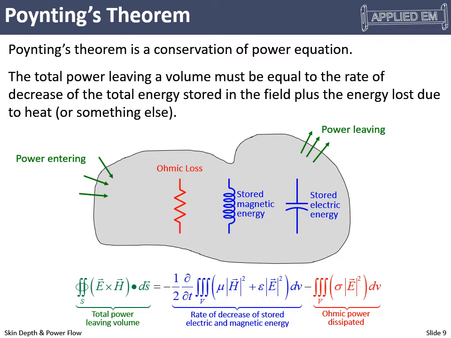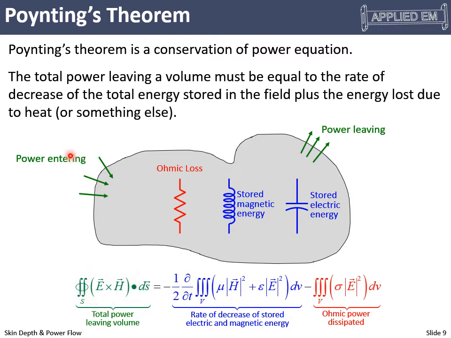So all of that comes from this equation, and it's not derived with knowledge of Poynting vectors or energy density or all that. In fact, this equation is derived first, and we get all that from this equation. So when we arrange it, on the left, we see E cross H, and it turns out this is talking about power leaving the volume.